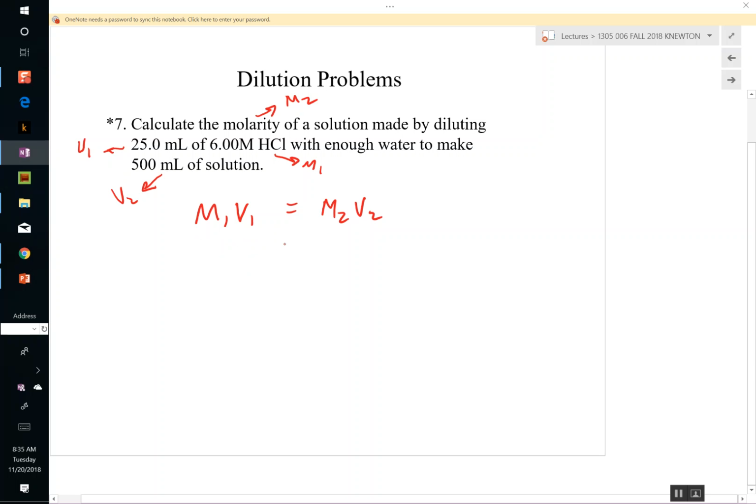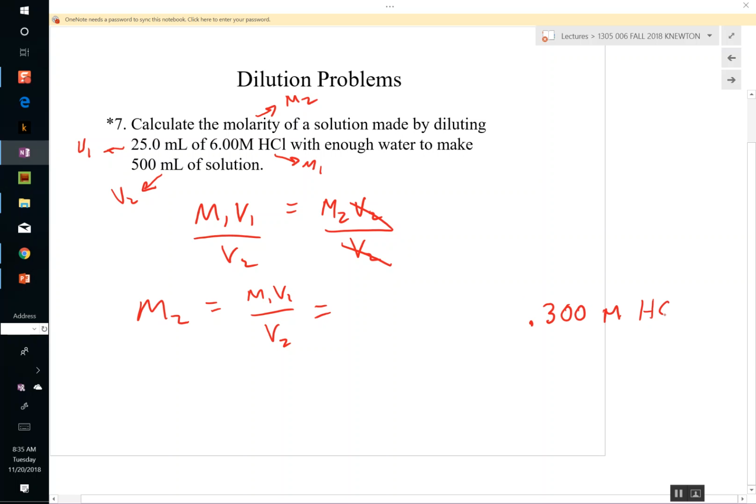We need to get M2 by itself, right? That's better. So M2 equals M1 times V1 divided by V2. And you put all that in, and what answer do you get? 0.3? Exactly. 0.3 molar. Great. Good.